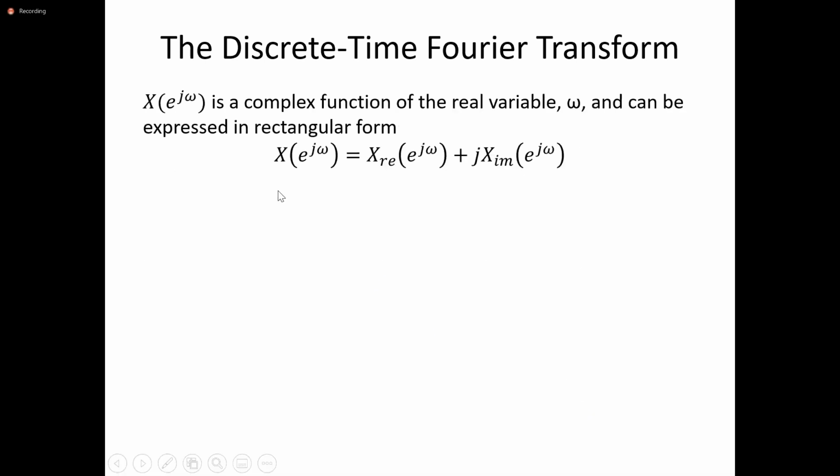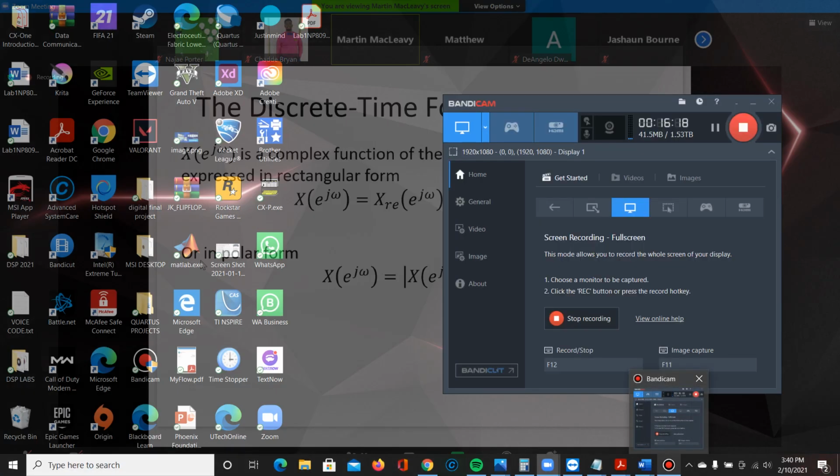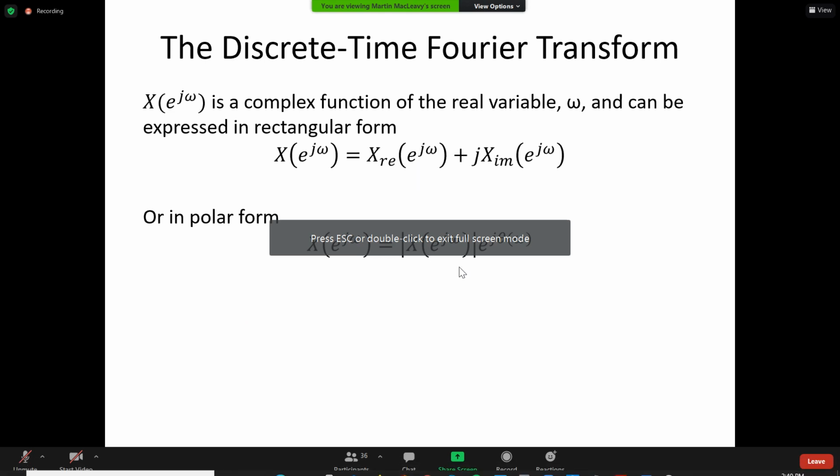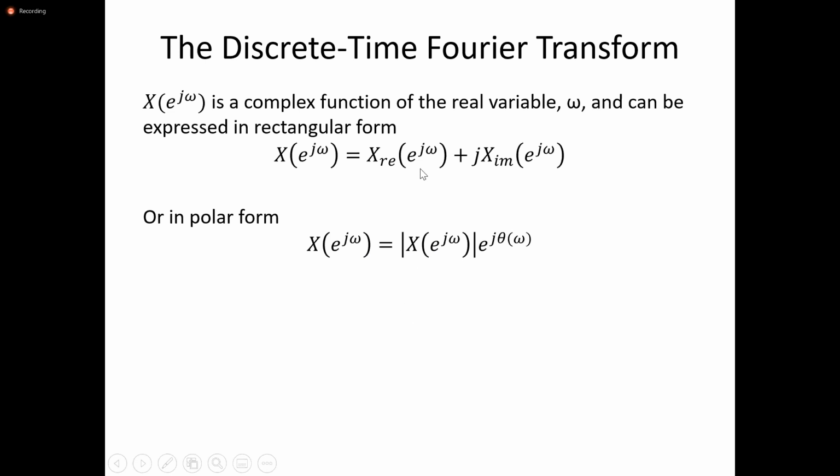So being a complex function, we can represent it as a real component and an imaginary component. From the real and imaginary components, we can get a magnitude and a phase. Remember now, the magnitude will be the real value squared plus the imaginary value squared, and we take the square root of that.